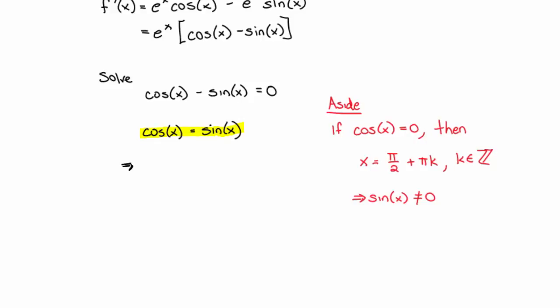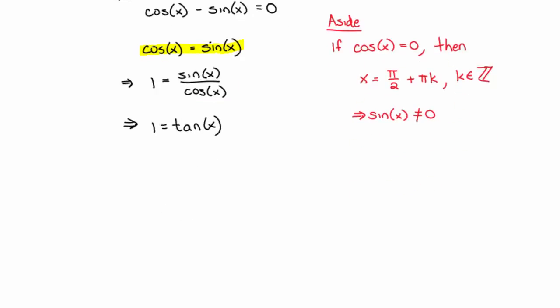So that will imply that 1 equals sine over cosine. Or in other words, tangent is equal to 1. There are a few other ways you could solve this, but I think this is actually the best way to do this. And then I know tangent is 1 when x is equal to pi over 4.